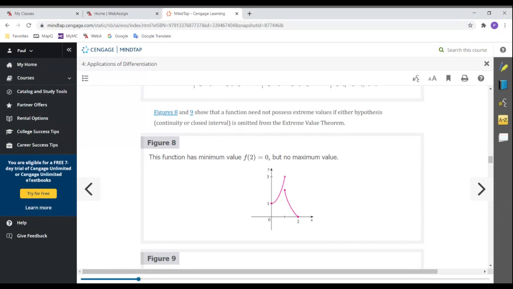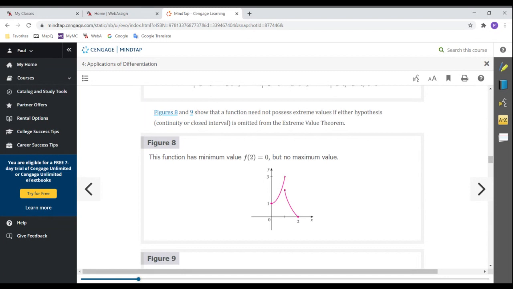See, I'm trying to get you an intuitive feel for things. And then we can always look at the definitions. The figures will intuitively help you understand the theorems and the definitions.